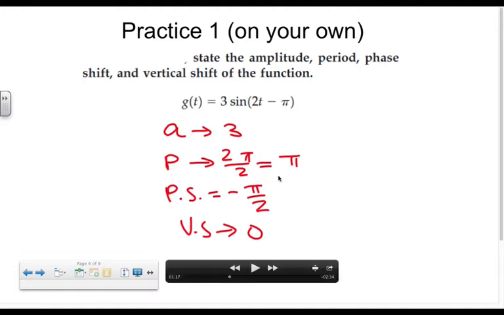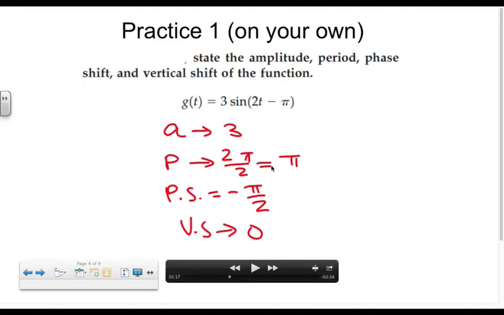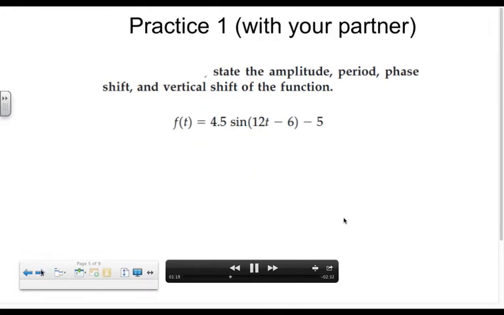Phase shift is negative c over b, and that should be a negative, so this should be positive. Sorry about that. Positive pi over 2. I thought I fixed that. We're not doing this one.